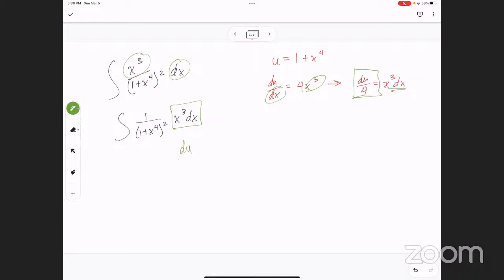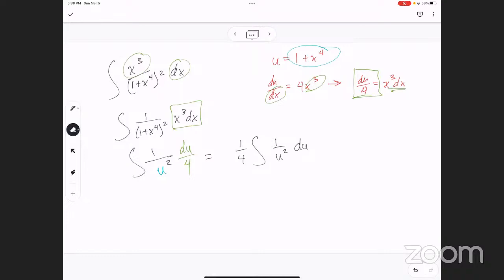So this is du over 4, and then this is the integral of 1 over u squared. And now rewriting that, I pull the 1/4 out and leave the 1 over u squared in with the du.